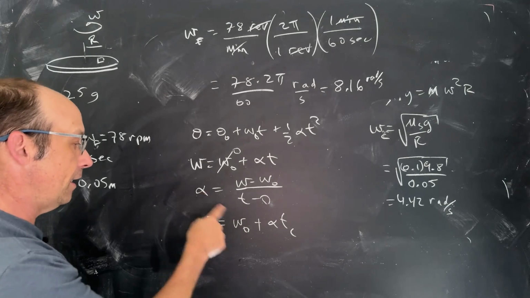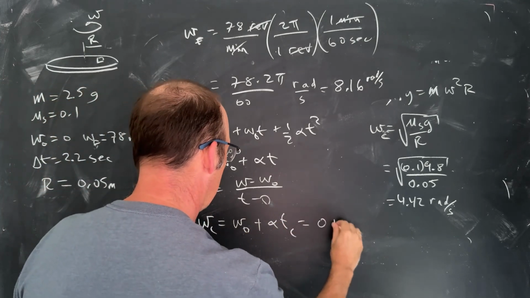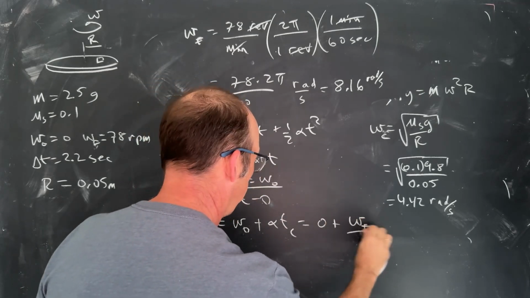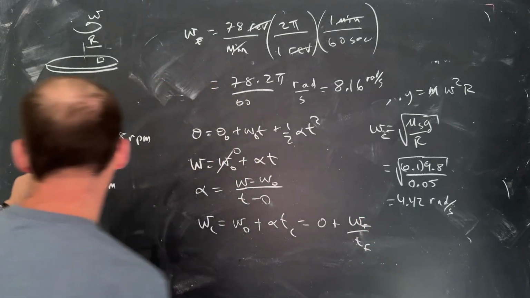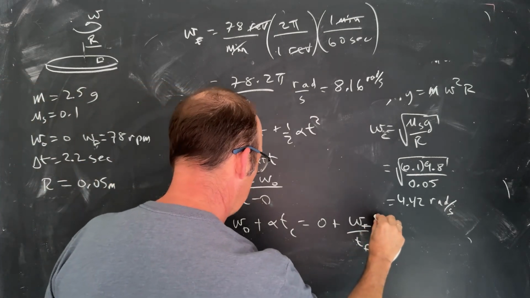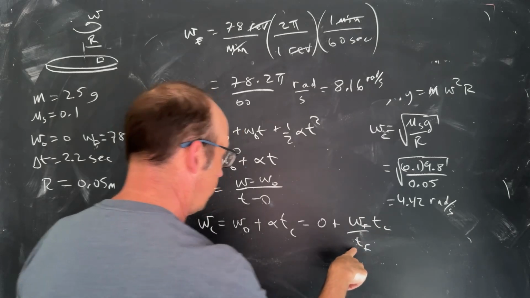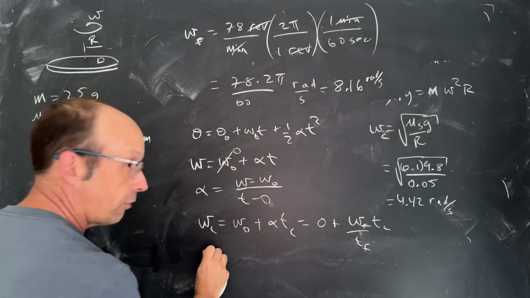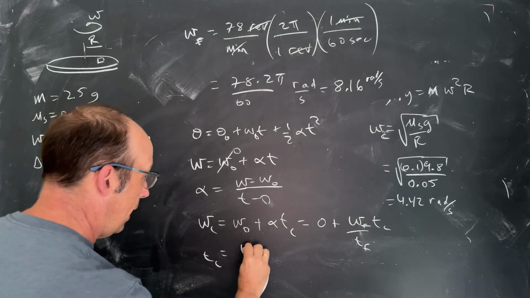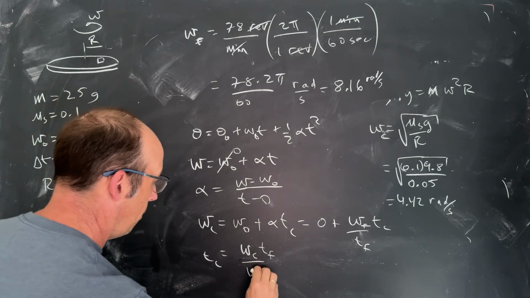I can put this in over here, starts at rest, so I get 0 plus omega final over t final, that's my t final right there, times tc. If I want to solve for tc, I need to multiply and divide by this. So I get tc equals omega c times tf over omega f.